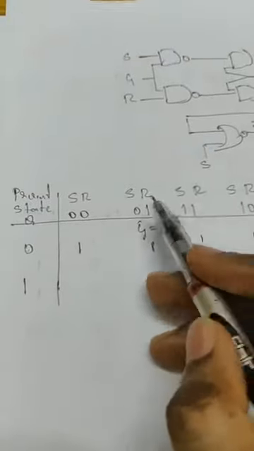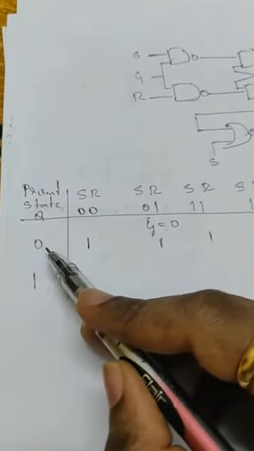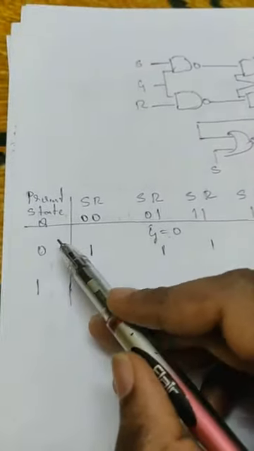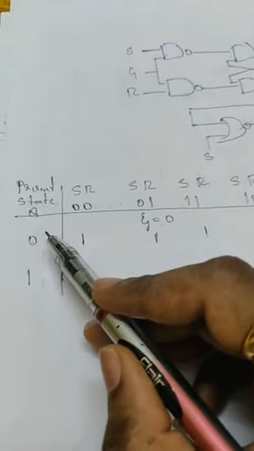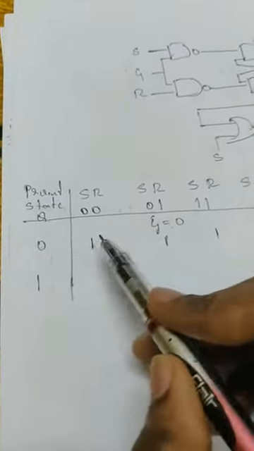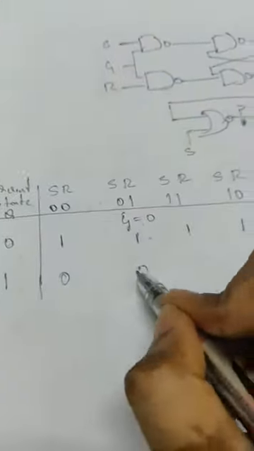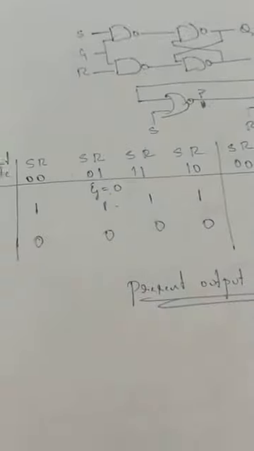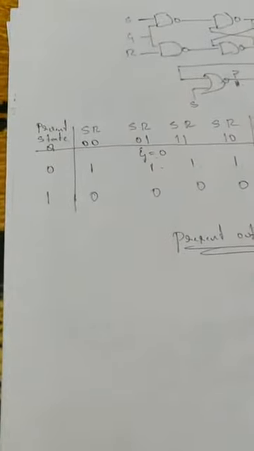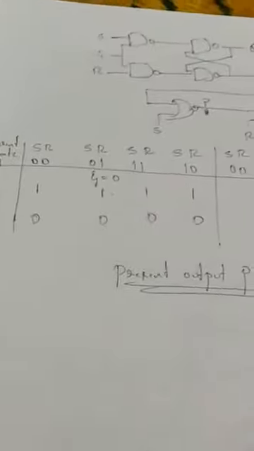Because the gate is closed, no operations will be performed, and P will be the opposite of Q. Q is 0 now, so P will be 1. When Q is equal to 1, P will be 0, 0, 0, 0. This is with respect to when the gate is closed, when G is equal to 0.